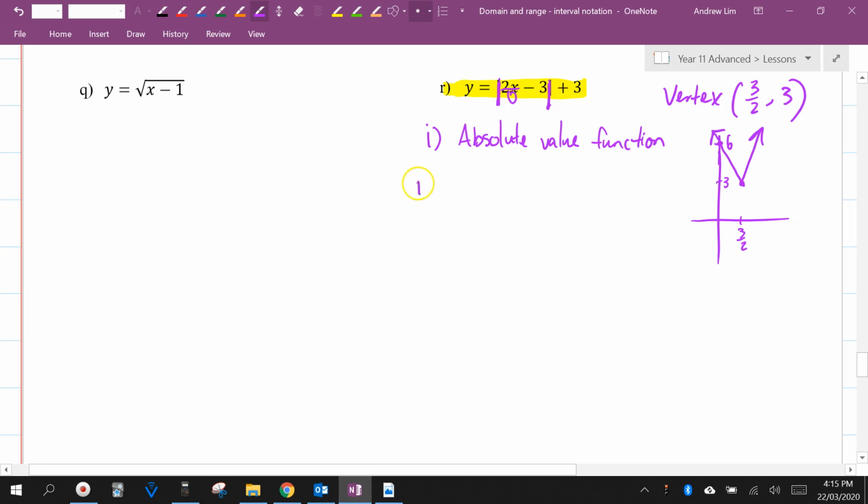Because we know it looks like that, the domain is all real x, or x is an element of all real numbers. The range, however, we can see that y is greater than or equal to 3. All y's are greater than or equal to 3.